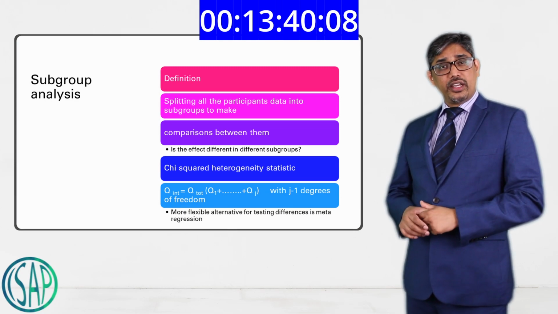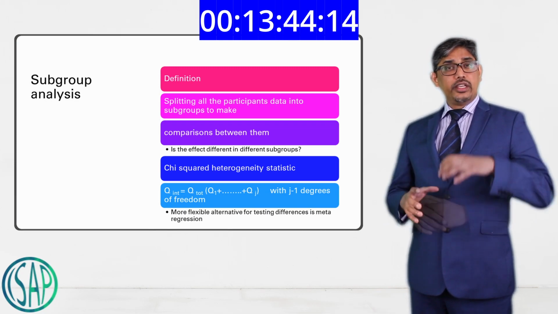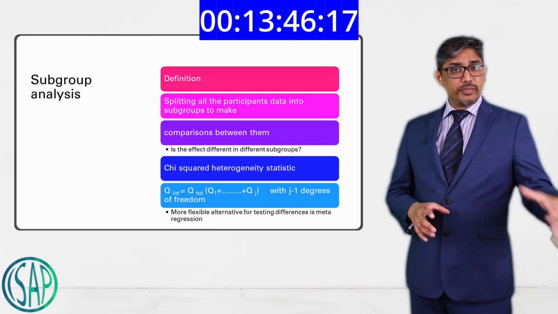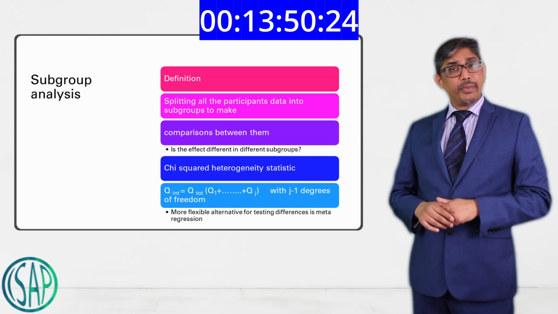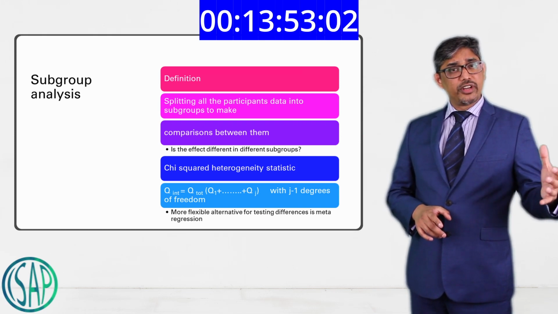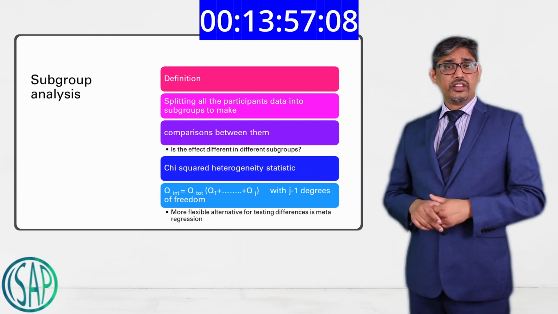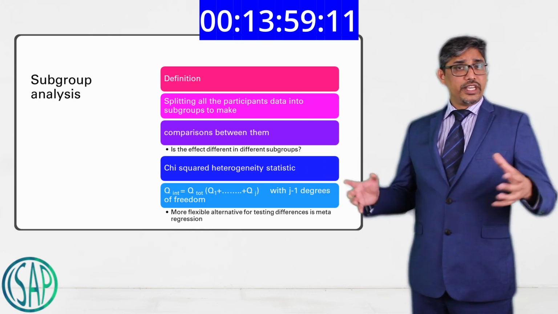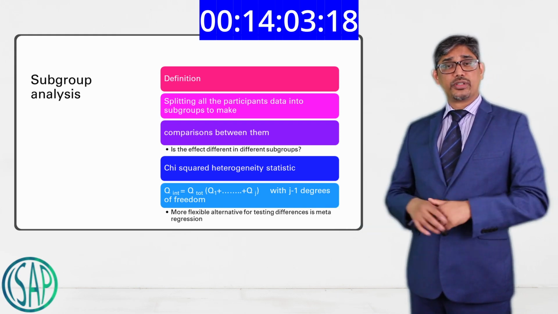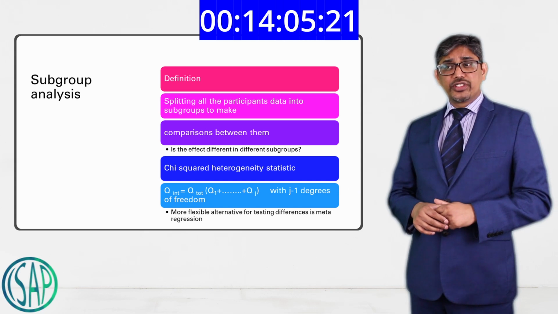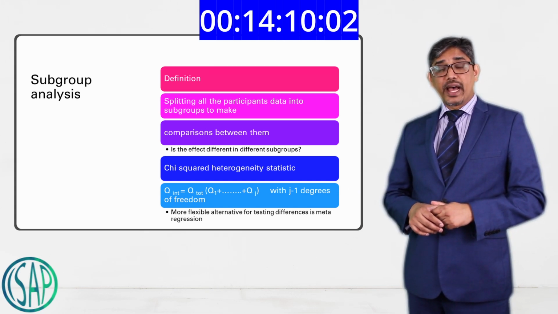The best example I can give is, if you're looking at the pooled mortality rates, you can divide the studies which contain ITU admissions data separately from that of non-ITU patients data, because the ITU admissions have different outcomes compared to non-ITU admissions. Therefore, you can't do pooled estimates. Instead, you divide them into ITU and non-ITU subgroups. The subgroup analysis allows us to divide into homogeneous groups and compare the outcomes.